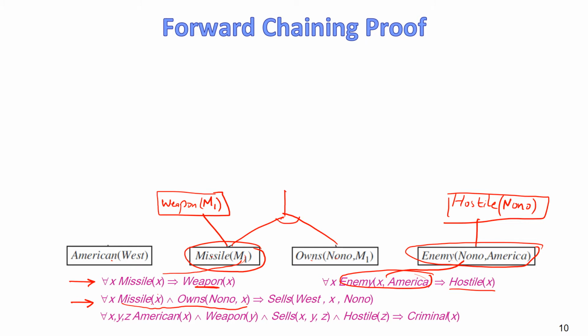With these two, we substituted x with m1, so we'll substitute x with m1 here. So that will be Sells(West, m1, Nono).